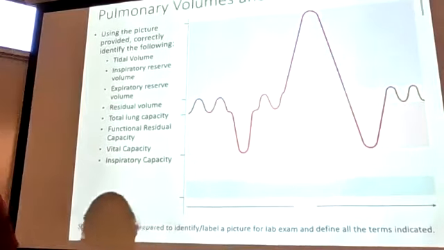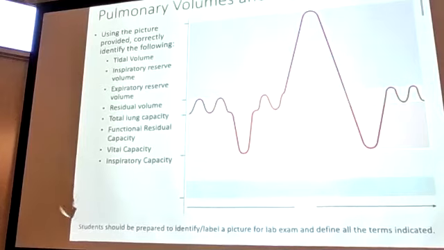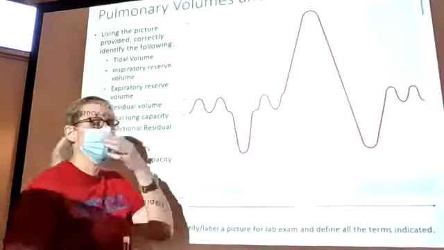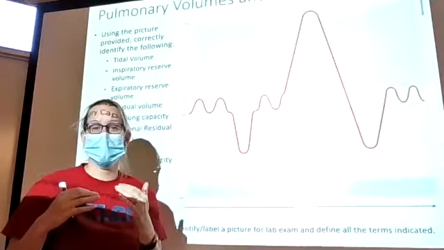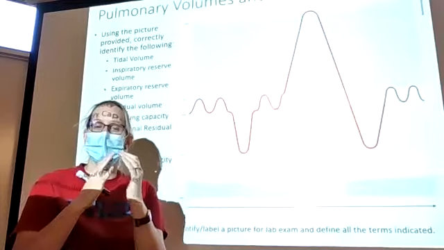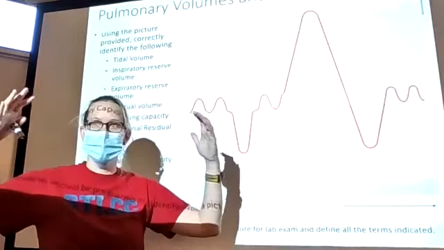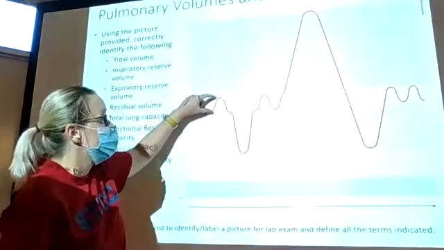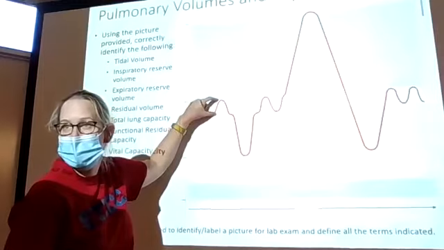All right. Those volumes, when we start to add them together, we can now form capacities. So one of our first capacities is how much air am I capable of taking into my lungs? When my lungs are in a resting position, how much can I move in, using Boyle's law, to get into my lungs? Do I have an inhale portion, tidal volume?